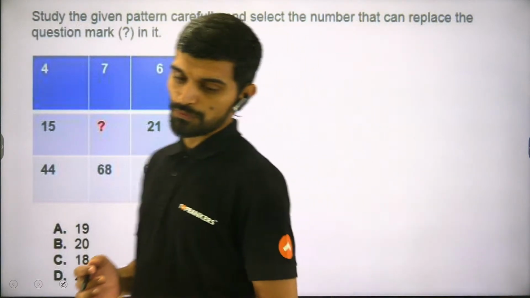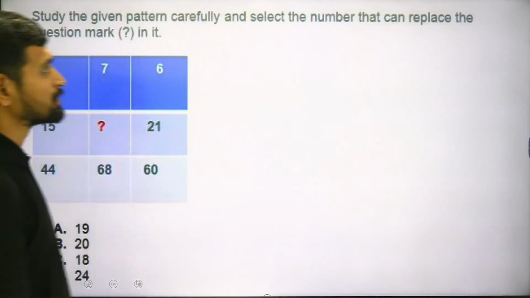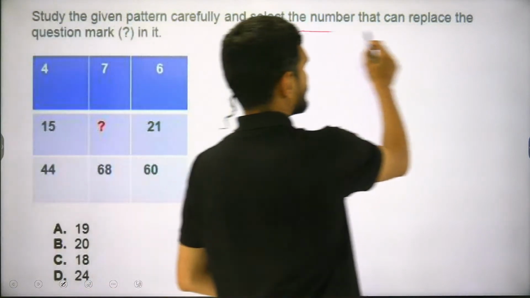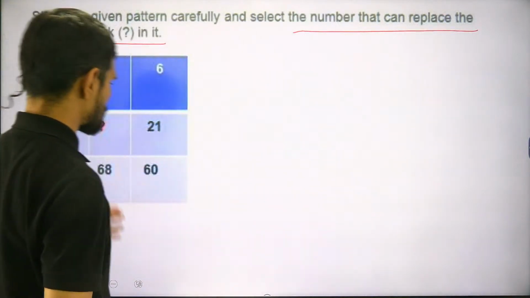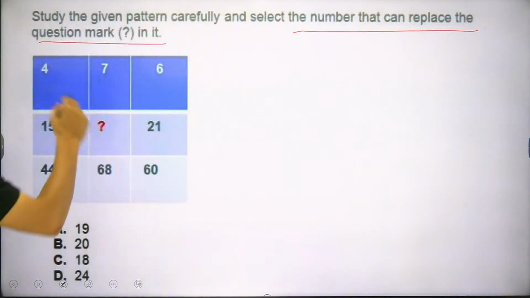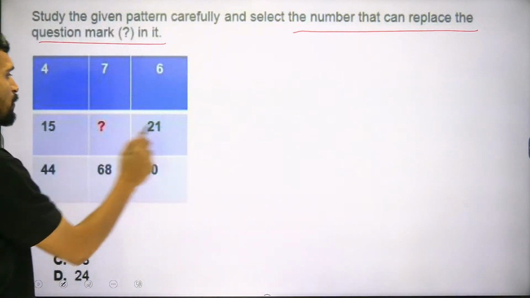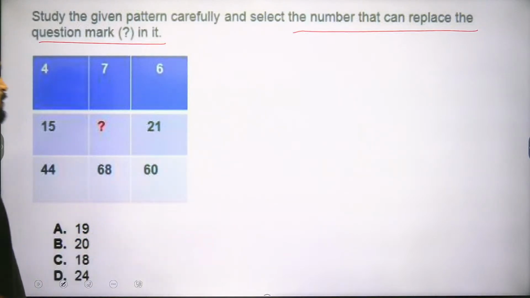So let's move to the next question. The next question is: study the given pattern carefully and select the number that can replace the question mark. So if we look here, 4, 7, 6, 15, question mark, 21, 44, 68, and 60.